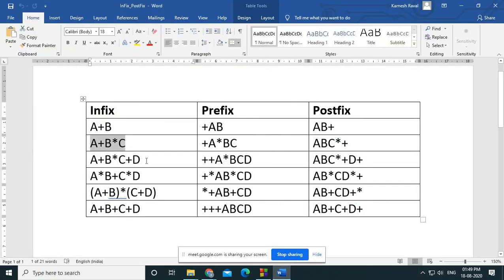You just try to convert these using stack, not by using a mathematical model. Try to convert all these three expressions into the postfix. Not only that, we will also go ahead with a very long expression and convert that expression from infix to postfix.